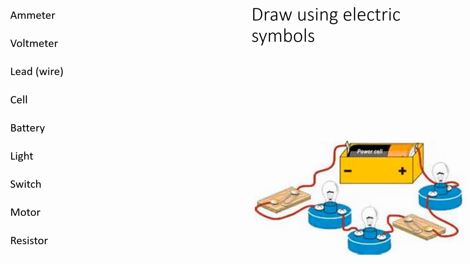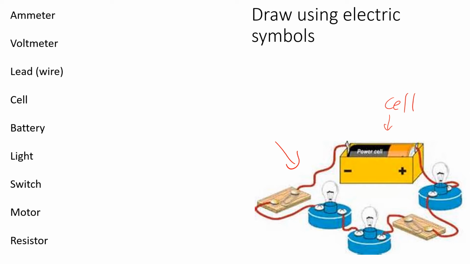So before we jump into some of the calculations of electric current, we're going to be making and drawing some electric circuits. So here's an example of an electric circuit. We can see everything that's in there. Here we have a cell, which is commonly called a battery, but technically it's not, and we'll get into that a little bit later.